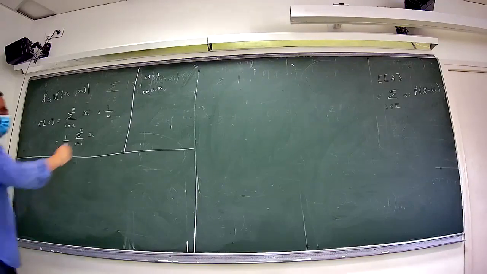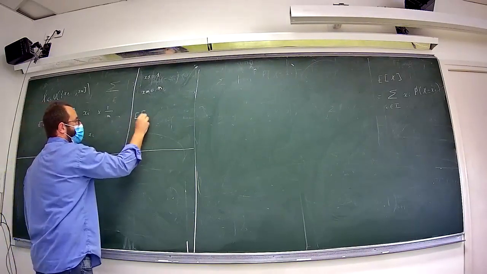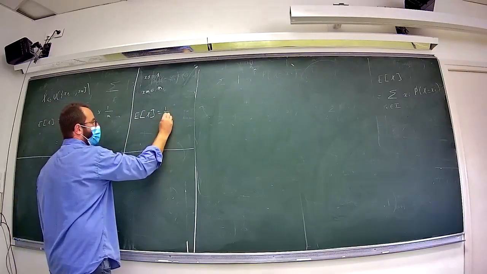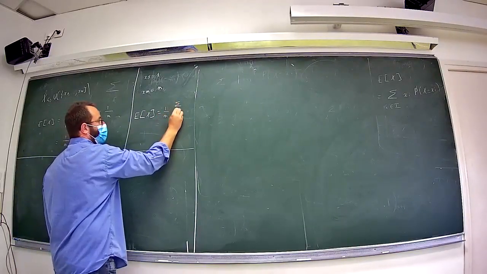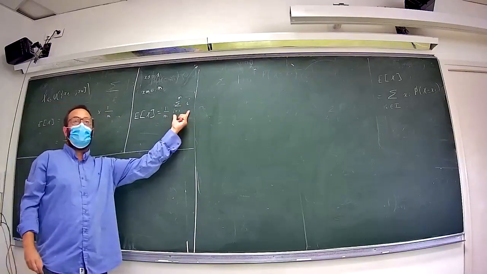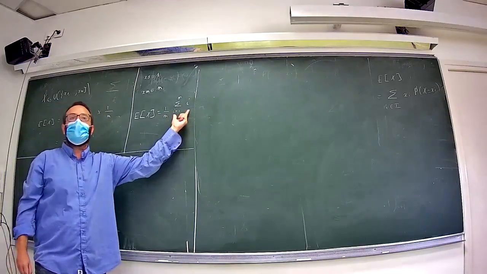If I want to compute the expectation, it's something that I have already done at the beginning of the session. It's 1 over n times the sum from i equal to 1 to n of i, and we have seen that this is n(n+1)/2.